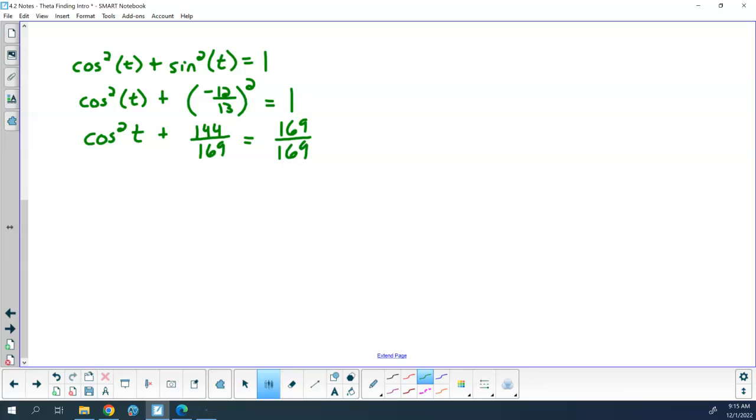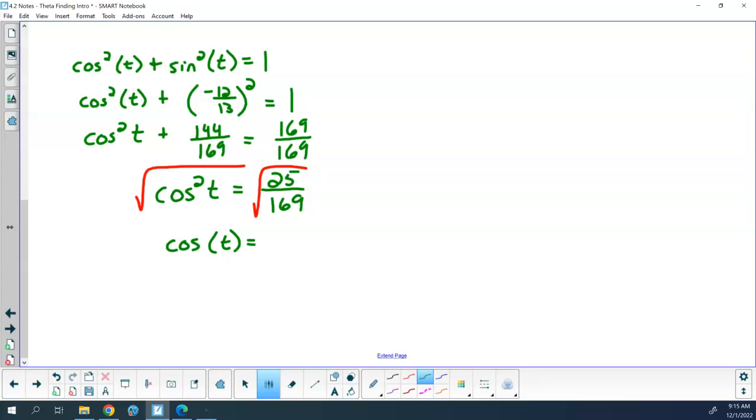Subtracting 144 over 169 would give me cosine squared of t equals 25 over 169. Then I would take the square root, and I would get the cosine of t, which is what I'm looking for, is plus or minus 5/13.